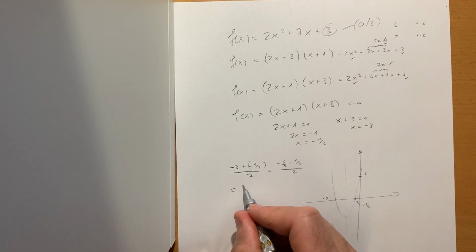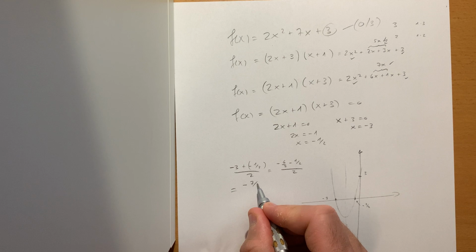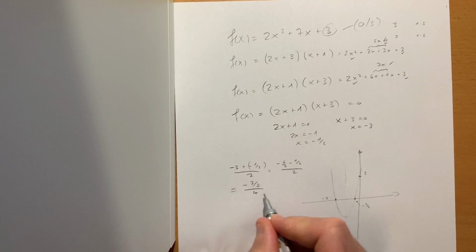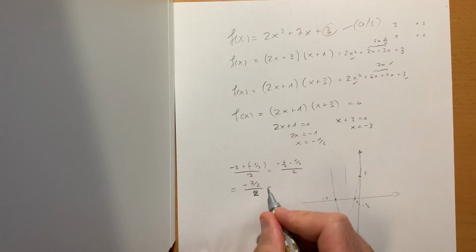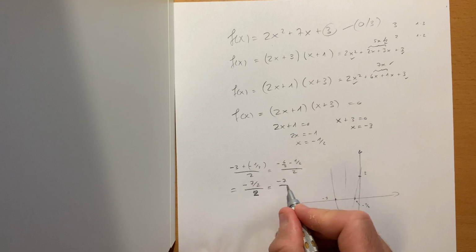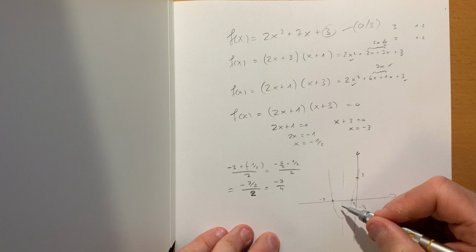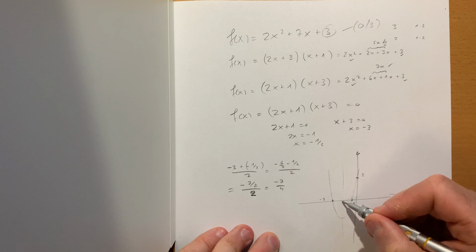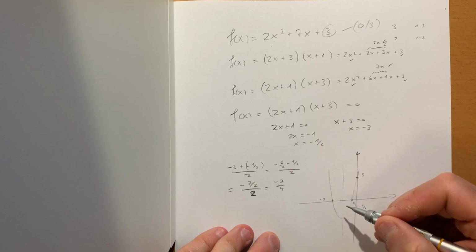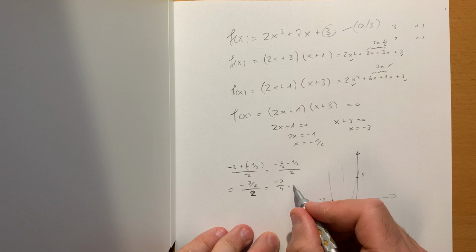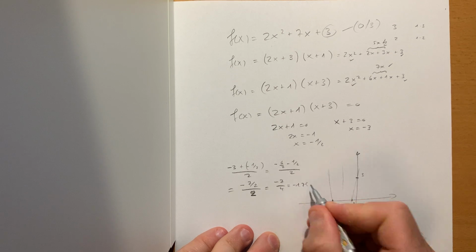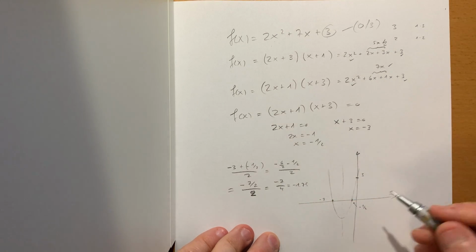That's minus 7 halves divided by 2, and that's minus 7 quarters. So at minus 7 quarters is our vertex, which is, if you want, minus 1.75. That does make a lot of sense here.